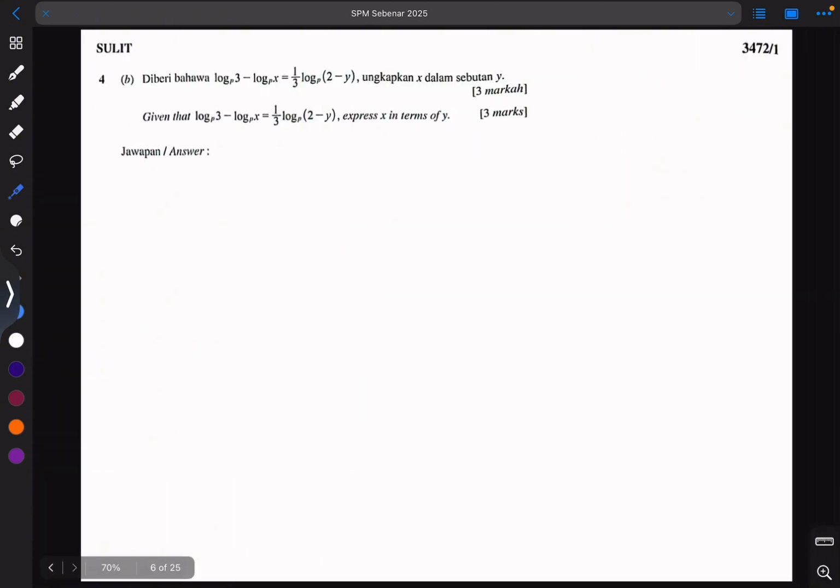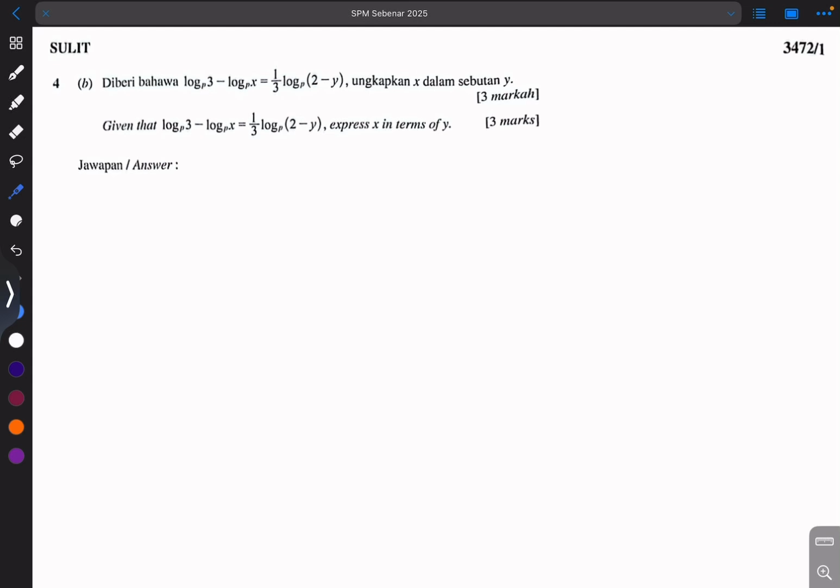For B. Given that log_p 3 minus log_p x is log... So conveniently, all the logs are in the same base, so we can easily simplify. If you have log with minus, we can simplify this to become divide. So it will become 3 divided by x.